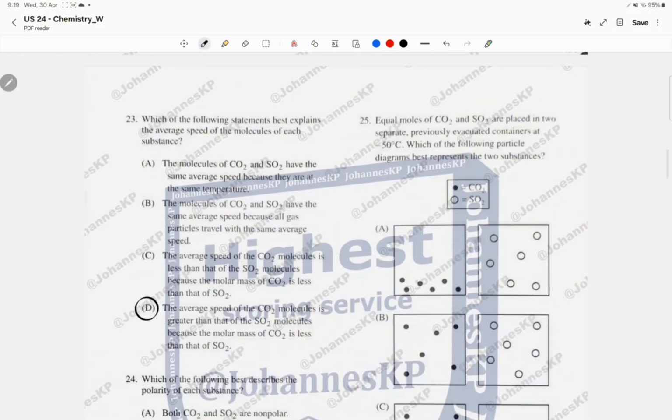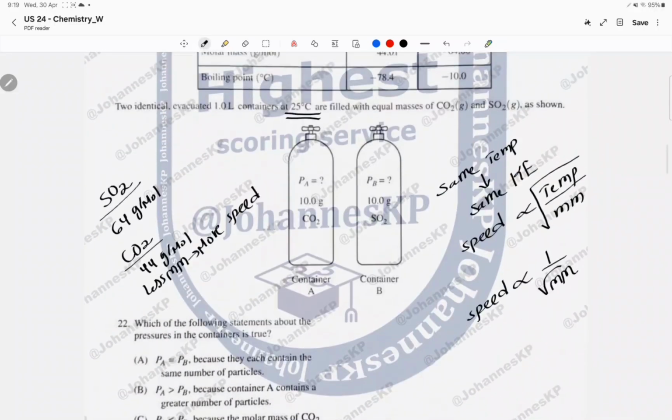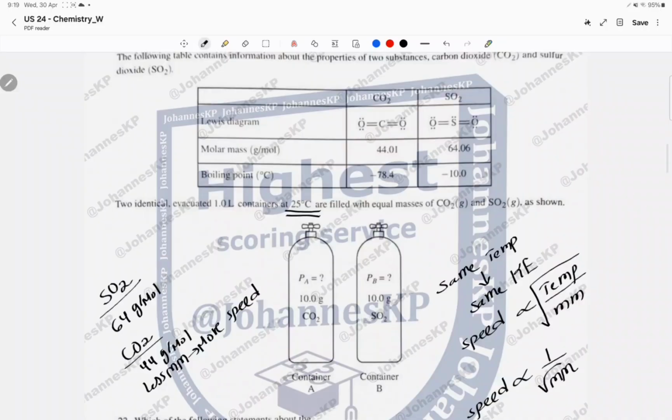Okay. 25. Equal moles of CO2 and SO2 are placed in two separate previously evacuated containers at negative 50 Celsius. So look, if you look back here, right? The boiling point of CO2 is negative 78.4, and the boiling point of SO2 is going to be negative 10.